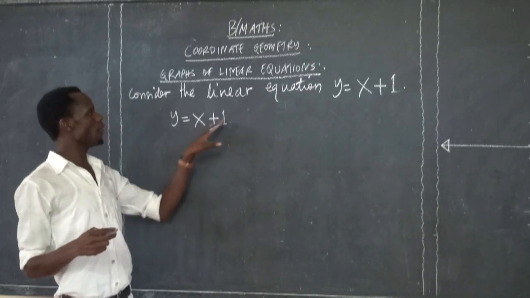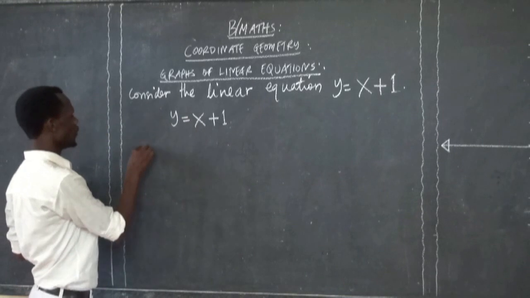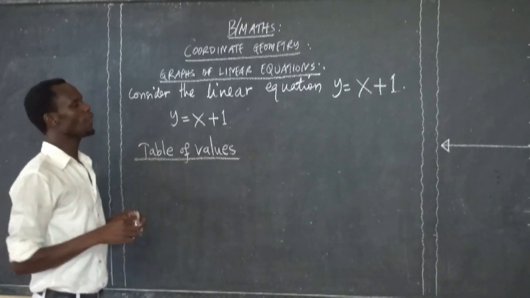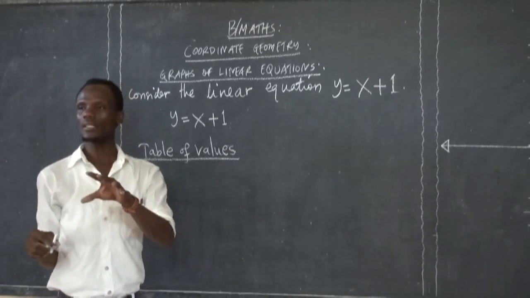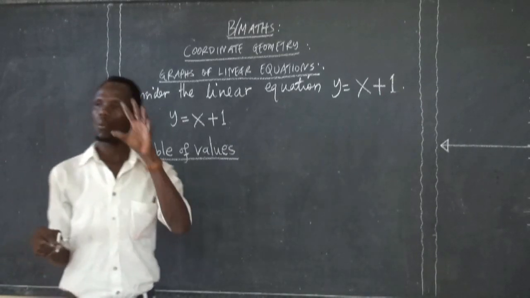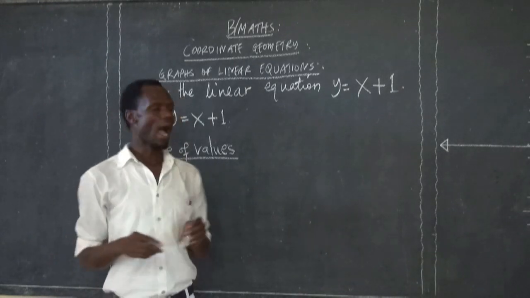After you have written the equation, we have something called a table of values. A table of values is a table with values of x and values of y.